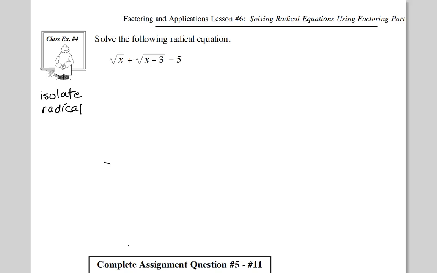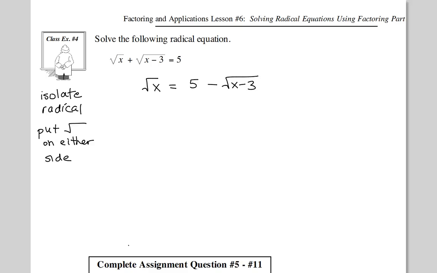So put the radical on either side. Otherwise, squaring both sides gets very weird. So let's just move the root x minus 3 to the other side. All we have to do is switch the sign in front of it. Is everybody okay with that?